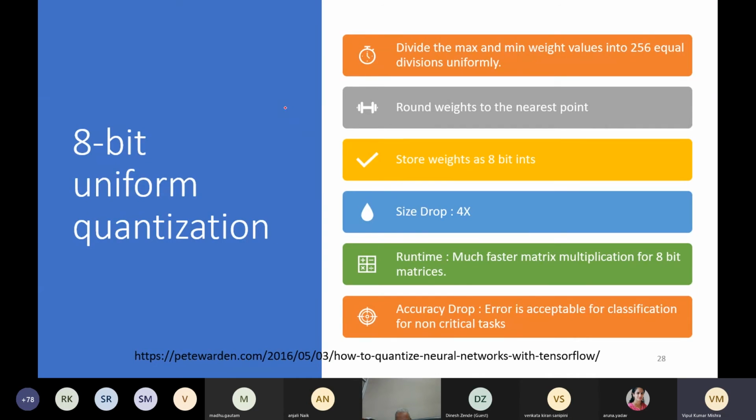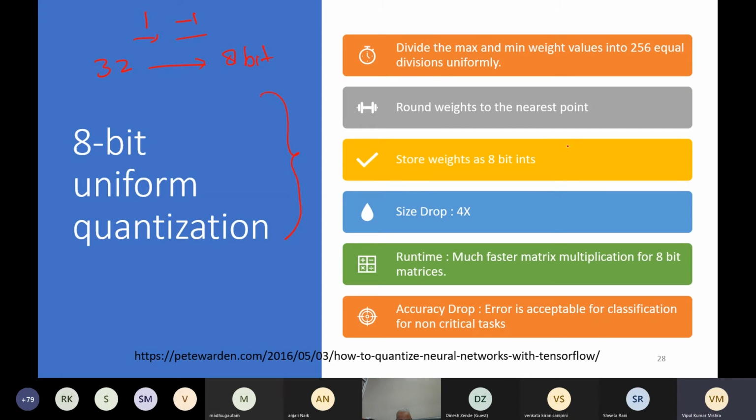Instead of binary, now they are saying 8-bit uniform quantization. It means instead of 1 and -1, now you have an 8-bit representation. So this 32-bit information is converted into 8-bit, so that you have 8 bits to represent the individual information.